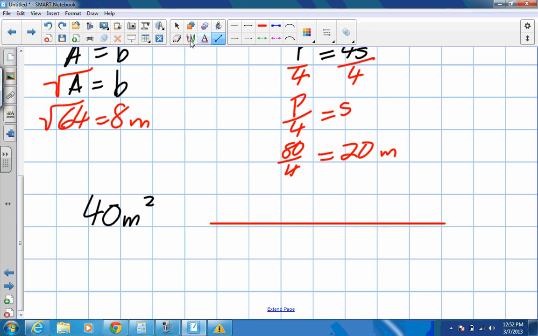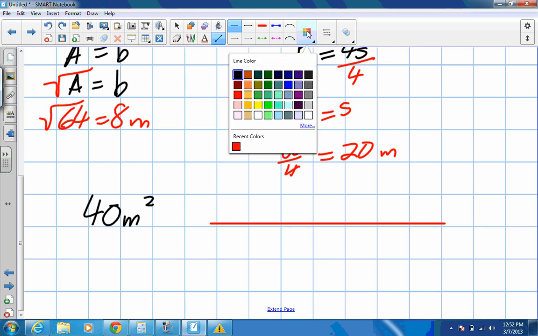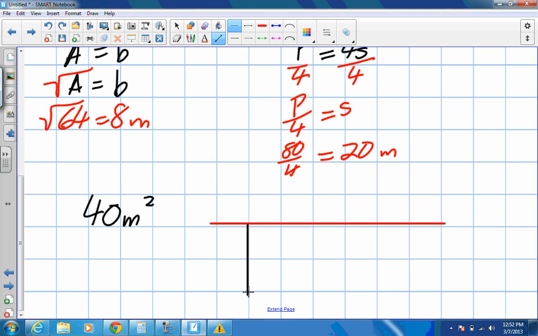So when I go to fence my area in, I actually only need to use 3 sides of fencing. So if we're only using 3 sides of fencing, our square is no longer going to be an optimal shape. Okay?